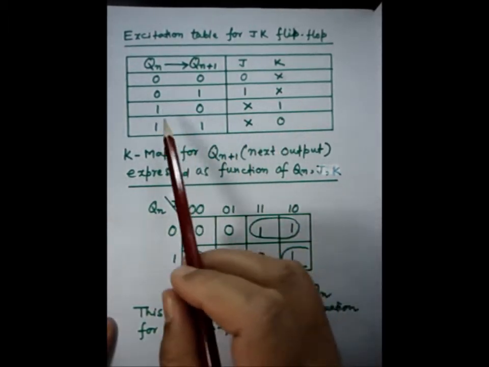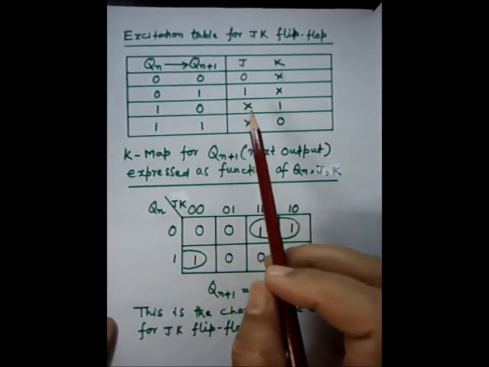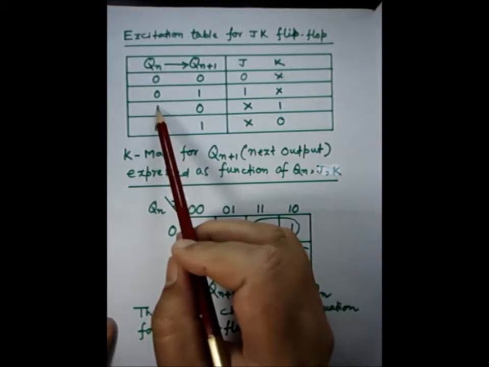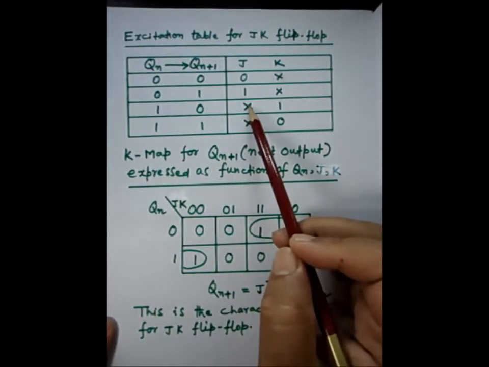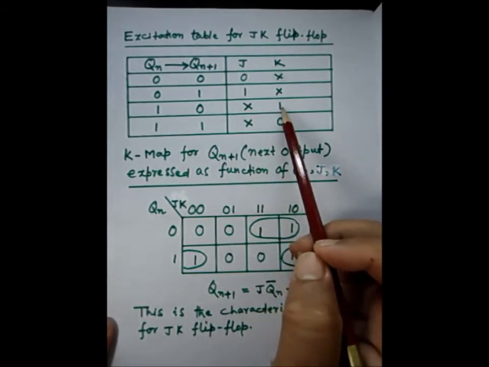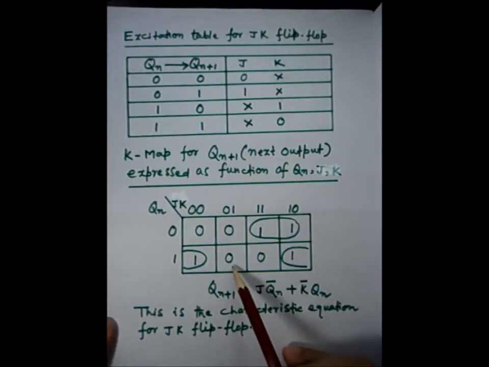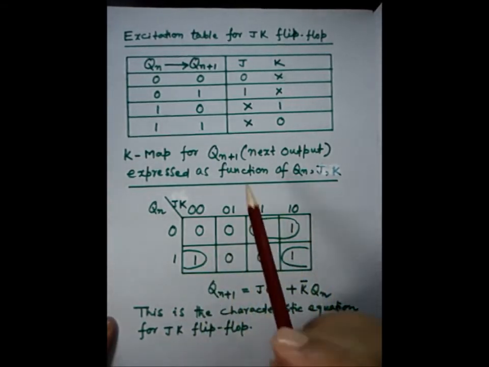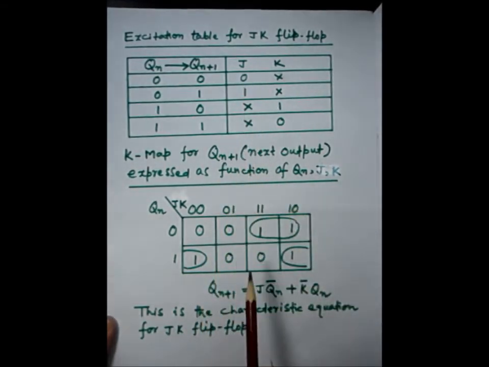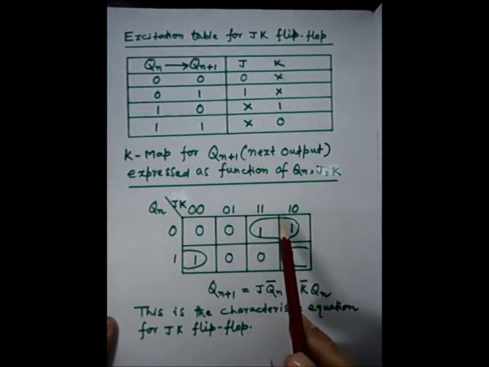And in the third row, whatever I explained, you can see that when Qn equal to 1, j equal to 0 and k equal to 1, this is the block and therefore it is 0. In this way, from the excitation table we prepared the K-map, and then we went for simplification.